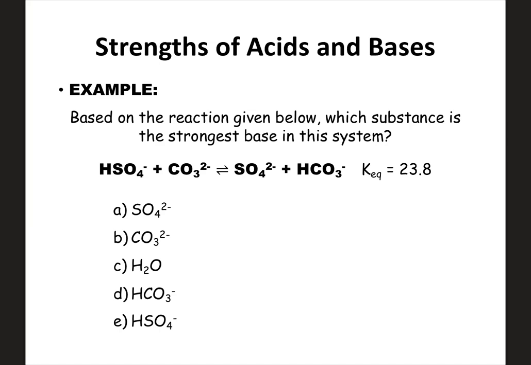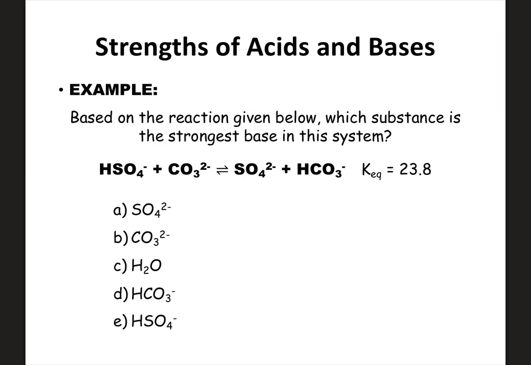So remember, Keq is products over reactants. So if you have a number that is greater than 1, you must have more products. So according to the Keq, there's more products here. Well, what we know here is that the weaker acids and bases are favored at equilibrium.